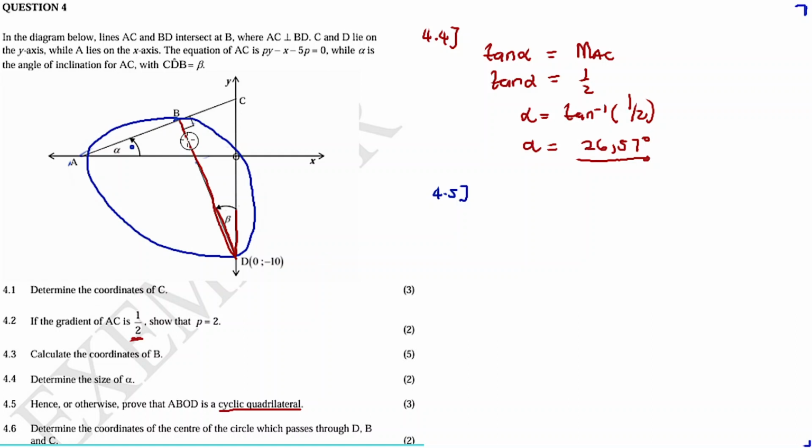We don't do that. An angle of inclination is always measured against the x-axis. If angle beta were measured against the x-axis, then yes, that is what an angle of inclination is. But if it's measured against the y-axis, then no, it's not an angle of inclination. So if you have a question like this, where you must calculate an angle that is not an angle of inclination, you do it like this.